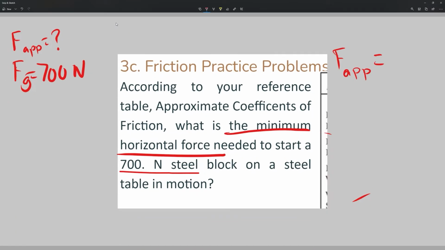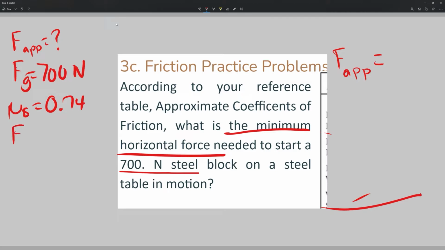And again, this was proven in the previous video in 3A.